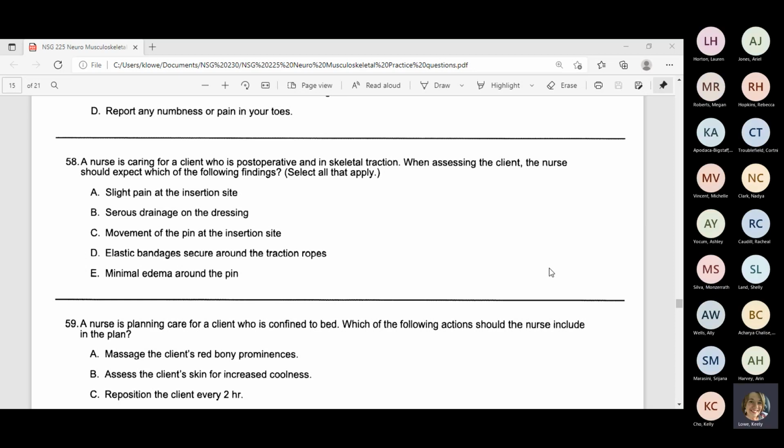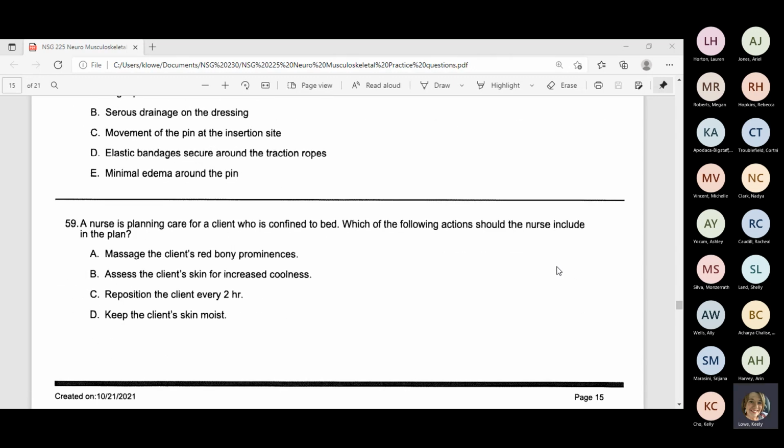Think of elastic bandages like rubber that stretches, like workout bands. Minimal edema around the pin? Yes, minimal edema is okay. We've got some serous drainage, coming from the tissues, and slight pain.